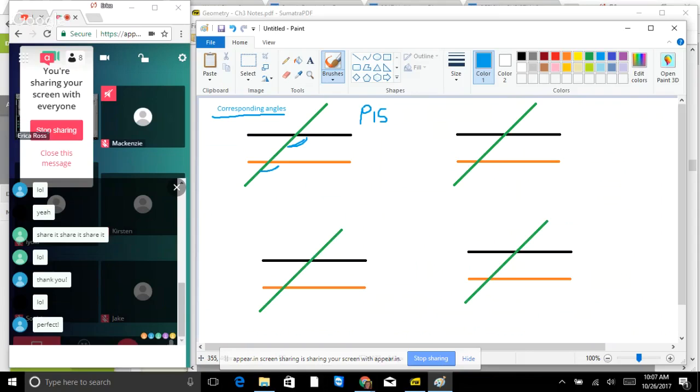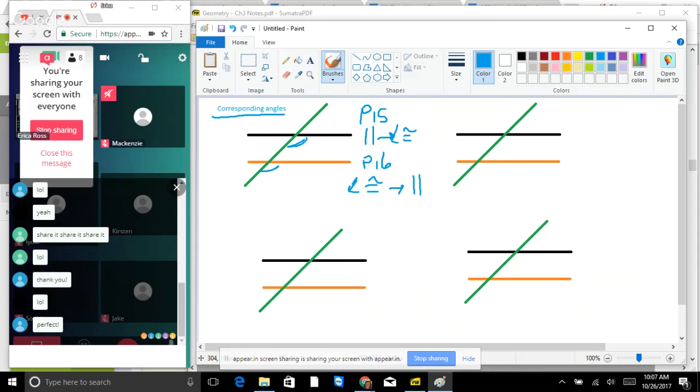So 15 basically says if you have lines that are parallel, that's our sign for parallel, right? Then your angles are congruent. This is very shorthand. Okay? Postulate 16 says if your angles are congruent, then the lines are parallel.